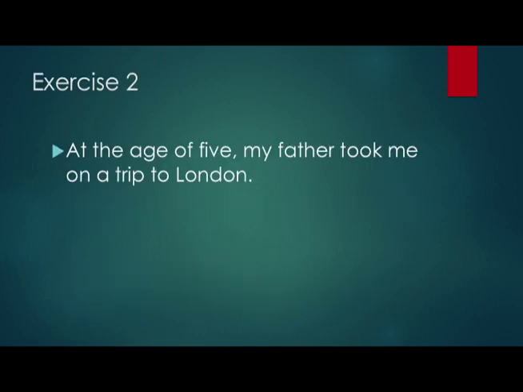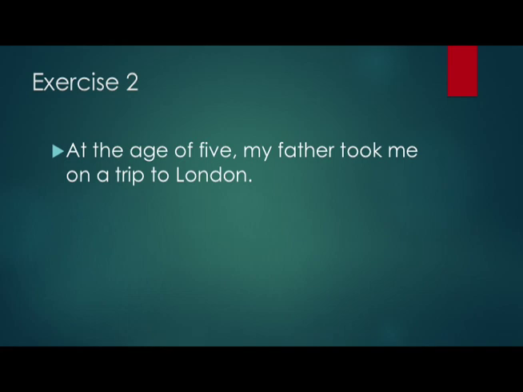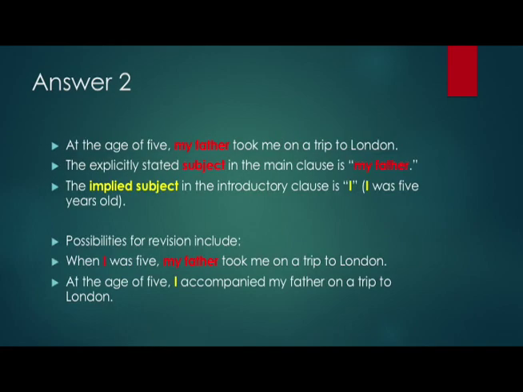At the age of 5, my father took me on a trip to London. In this sentence, the explicitly stated subject in the main clause is my father, because the main clause is my father took me on a trip to London. The implied subject in the introductory clause is I. Okay?